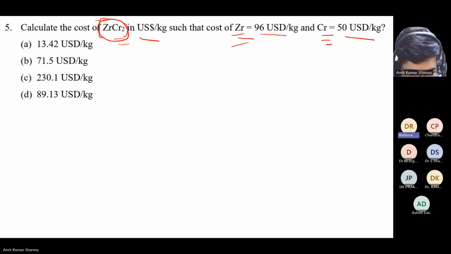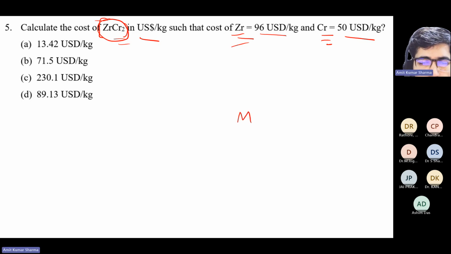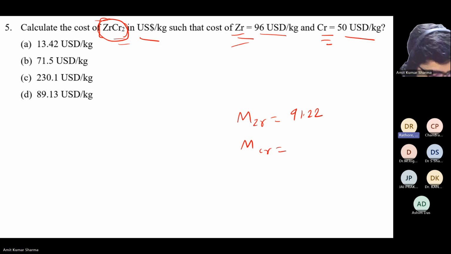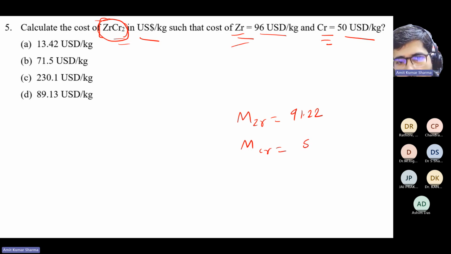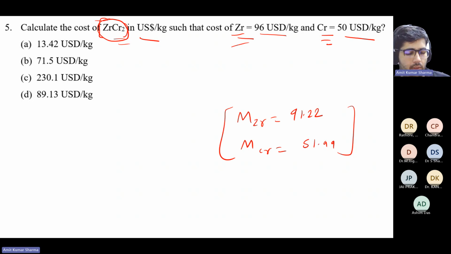Chromium is 51.99. So the molar mass of zirconium is 91.22, and for chromium it is 51.99. Okay, now you have the data, calculate.